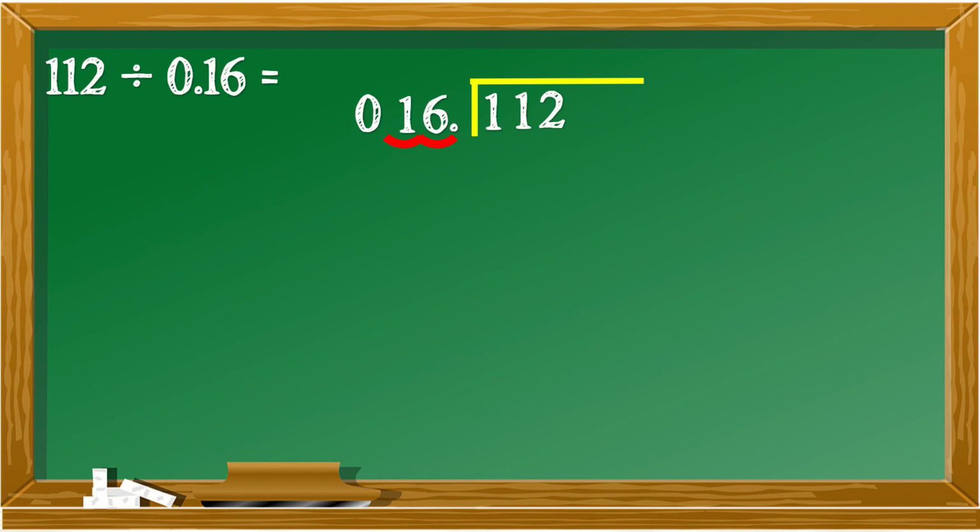Since we moved the decimal point in the divisor, we will also move the decimal point in the dividend. Also 2 places. 1, 2. Since we have 2 spaces, we will put zeros.